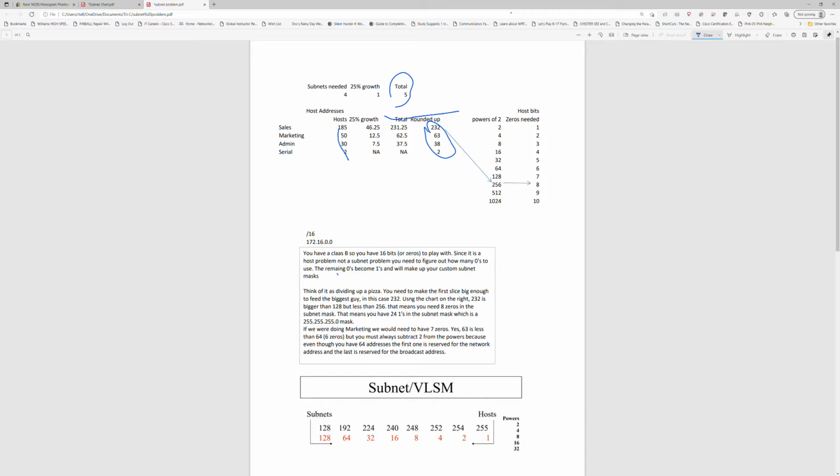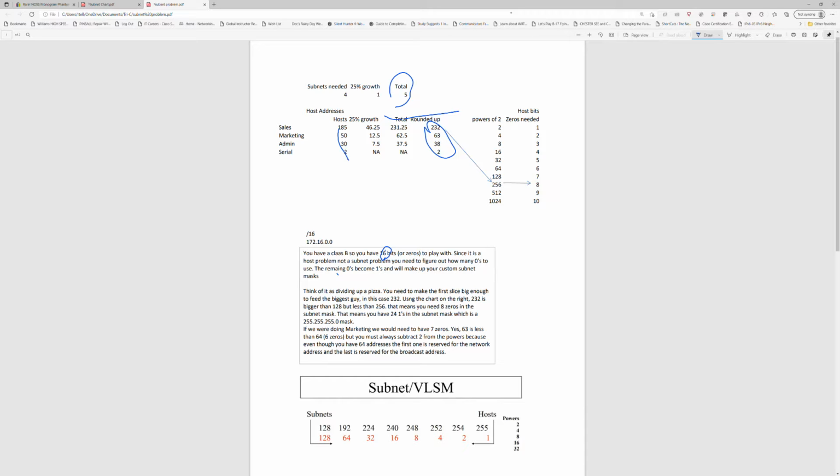Well, if you have a Class B, you have 16 bits to play with, 16 zeros. But we only need 8. So we have 8 zeros, and out of those remaining 16, they become 1s. So it's sort of like dividing up a pizza. We have this Class B pizza. We have to slice it up.